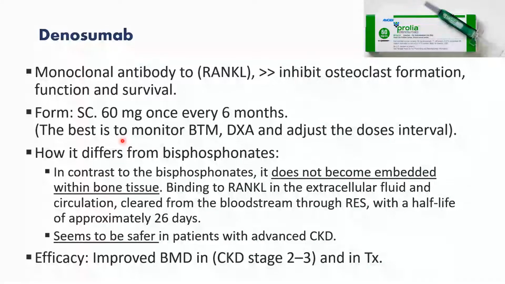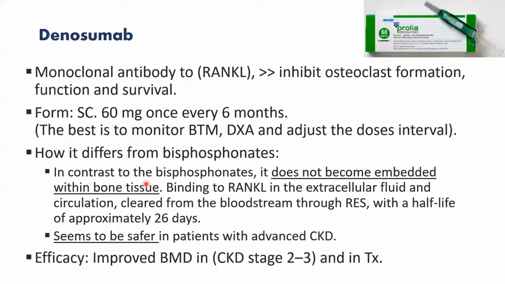The best is to monitor bone turnover markers and the DEXA scan, and adjust the dose interval accordingly. So in the bone clinic here, for example, they could give Prolia to some patients yearly, and to some patients every 2 years. According to the level of BTMs and the DEXA scan of the patient, you could space the doses of denosumab.